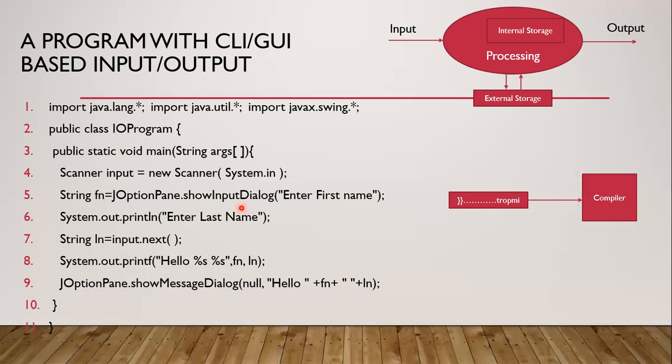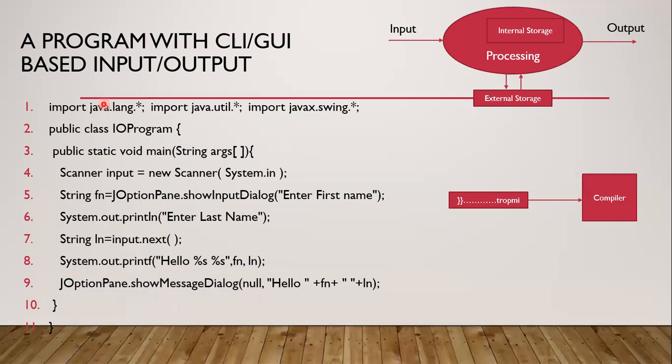GOptionPane.showInputDialog. Input dialog is to accept input. A GUI dialog box, graphical user interface, will appear, as we saw in the program, and then display a dialog box to display the output. So the GOptionPane is being used for GUI purposes. GOptionPane is coming from the Swing package.